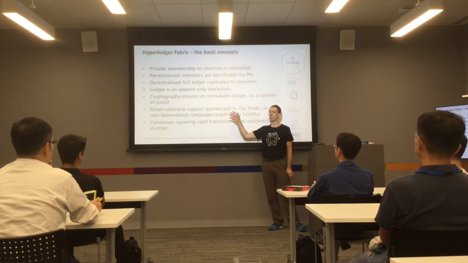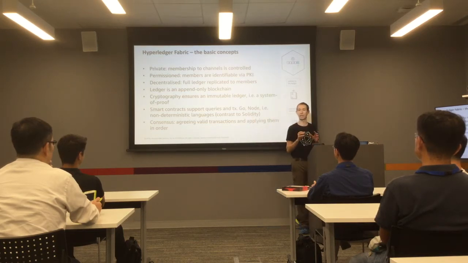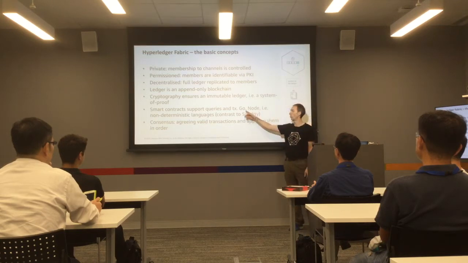In Hyperledger, we can support non-deterministic programming languages. It's quite a difference to Ethereum, which uses Solidity. Solidity is a deterministic programming language. The end result of executing a Solidity smart contract is always the same, right? Whereas it is not always the same in these languages. I'll explain that a little bit later.